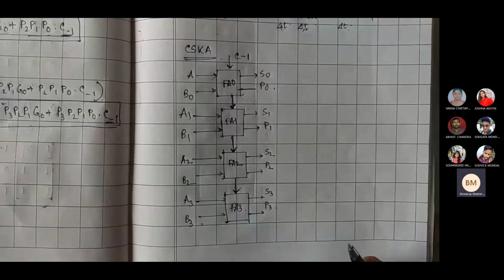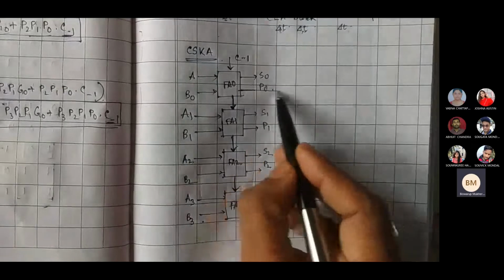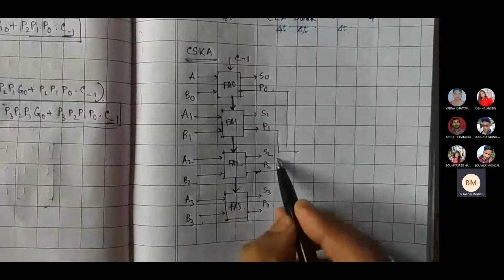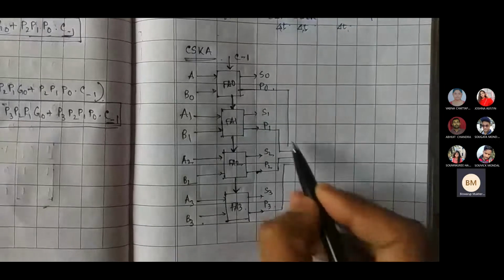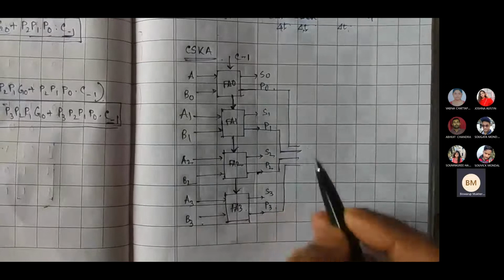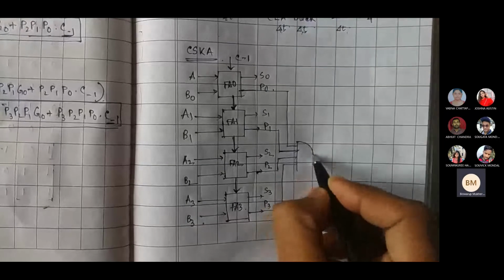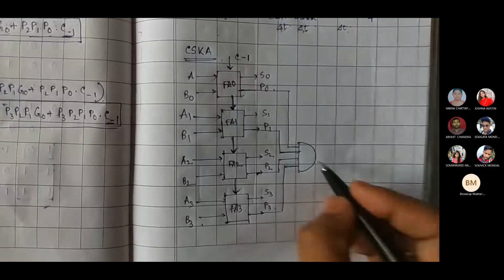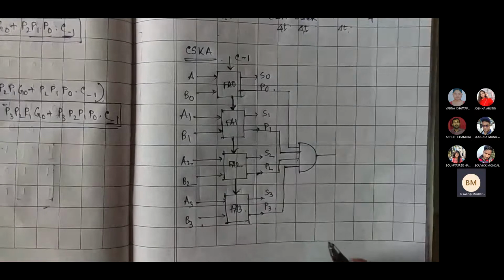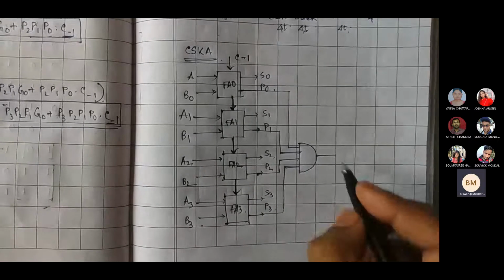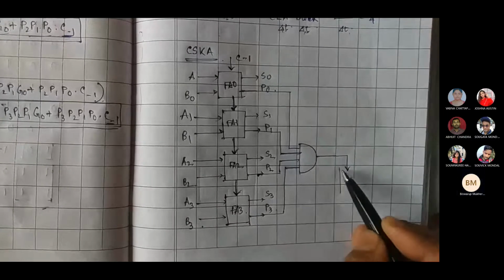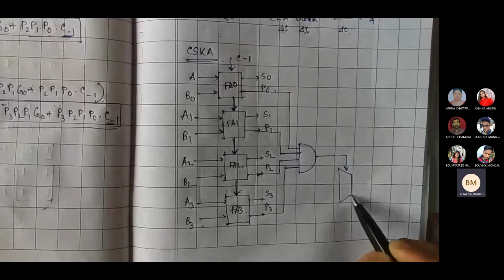Okay, these are there. What we are doing actually, all these P0, P1, P2 and P3 carry propagate lines, we are making an AND operation between these four. And then the AND gate output can be either 0 or 1. That we are actually driving one multiplexer's select line.